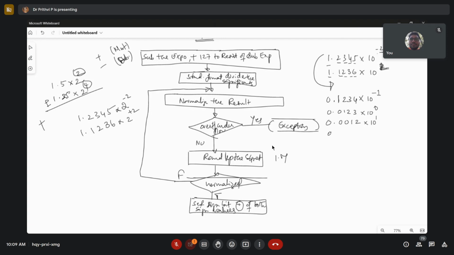One more, it is 2. Now I'll be making these two fellows ready for addition or subtraction. Directly when you are adding these two, the value will be 10 power 2 into the addition of the mantissa and fraction portion. You'll be getting the result.